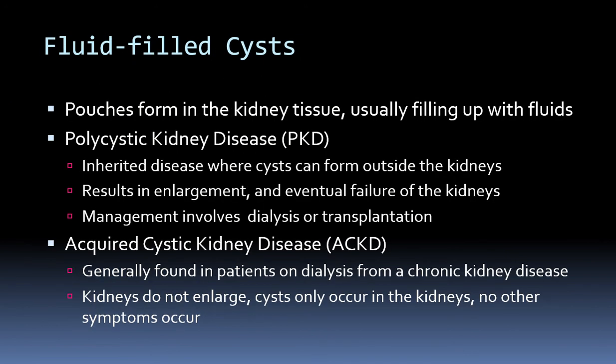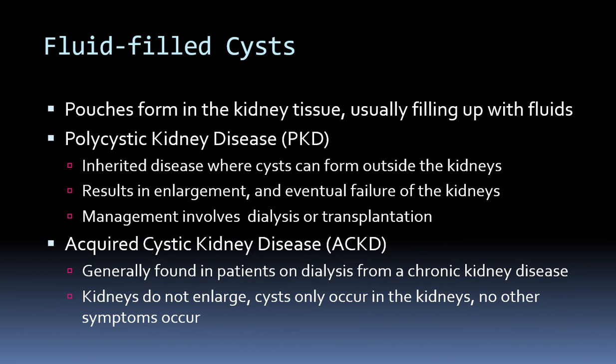There is also another situation which involves cysts, and we'll cover two different types of cyst kidney diseases. Now, cysts, when it comes to the kidneys, are pouches that can form in the kidney tissue, and they usually fill up with fluids. They could actually fill up with blood or other liquids as well.